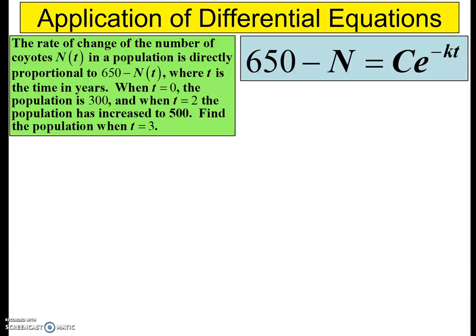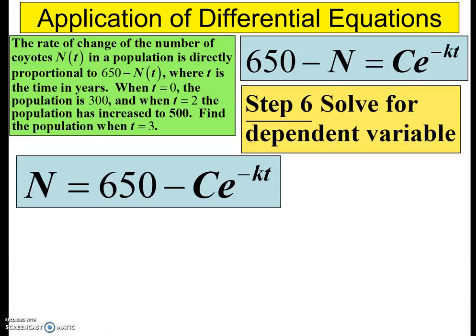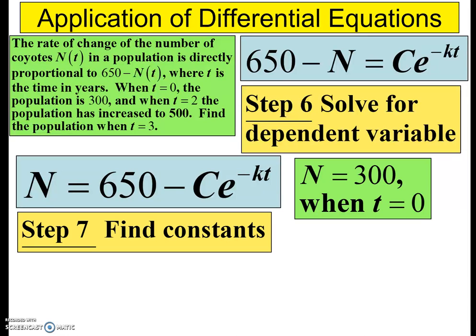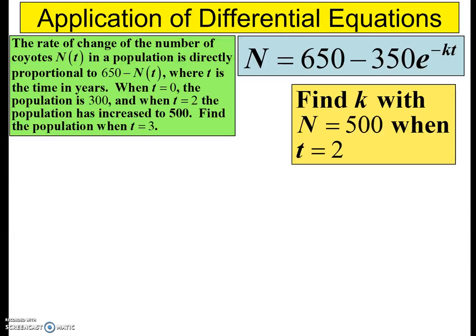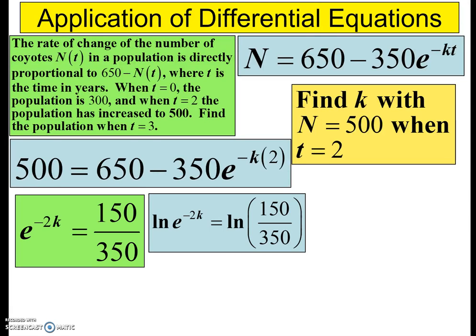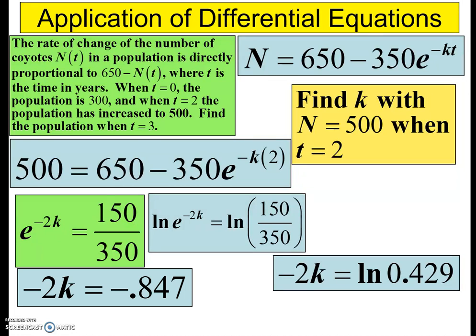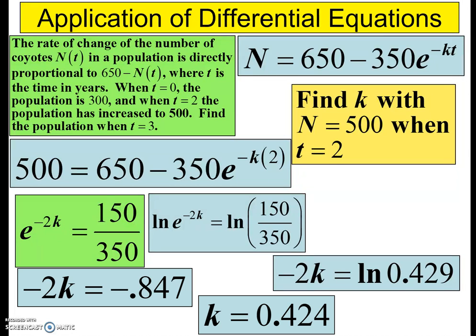So now we have that, and then we're going to use our initial conditions to solve for our variables. So we've got that initial condition, and so C is 350. And then our second initial condition, so k is this number. And again, 3 decimal places at all times.